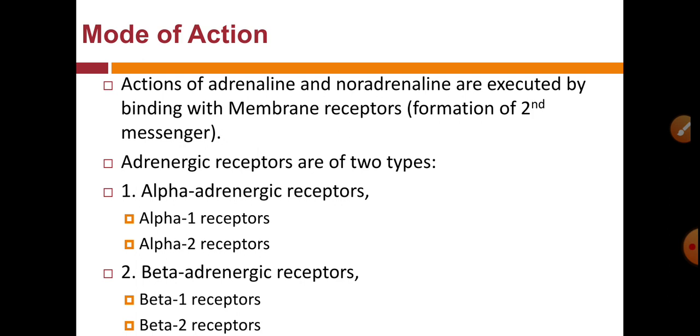Again, alpha adrenergic receptors are divided into alpha 1 receptors and alpha 2 receptors, while beta receptors are also divided into beta 1 receptors and beta 2 receptors. These are the receptors which are present on the membrane of target cells, and these receptors bind with adrenaline and noradrenaline.